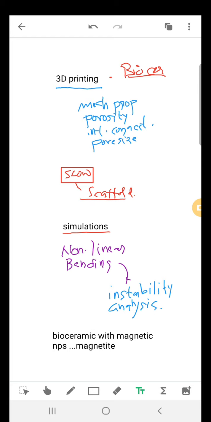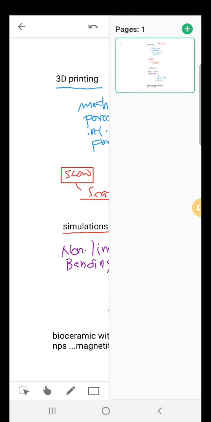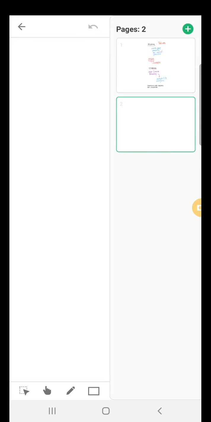So when we are analyzing this, we need to take up some mechanical properties.